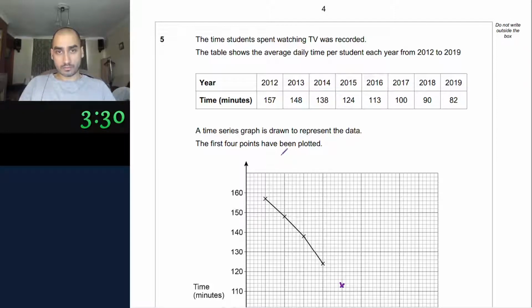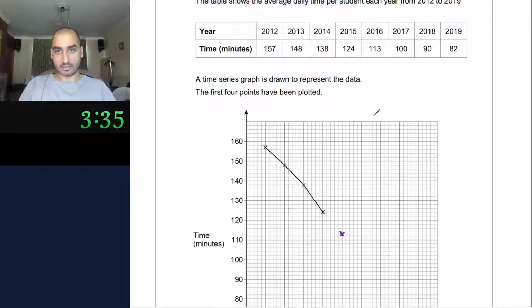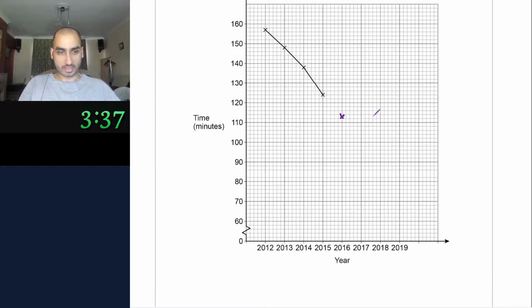So 2017, 100. Well, that's easy enough. And then 90, and then 82. So we've got 100, 90, 82. There's a missing line there, and we want to connect these up. Okay, imagine I had a ruler.